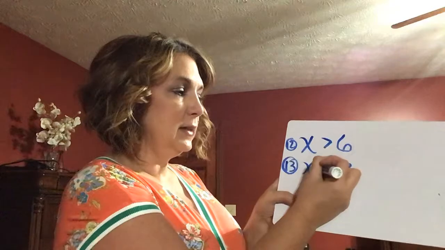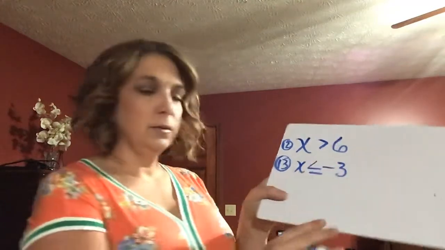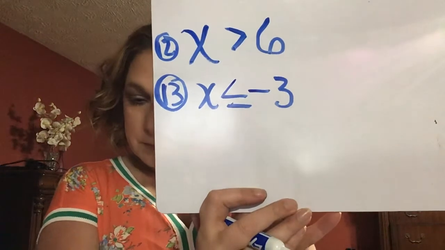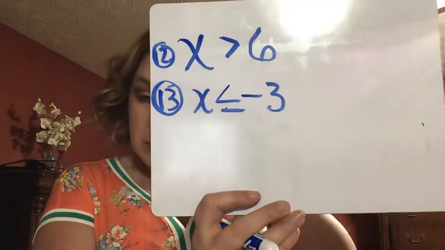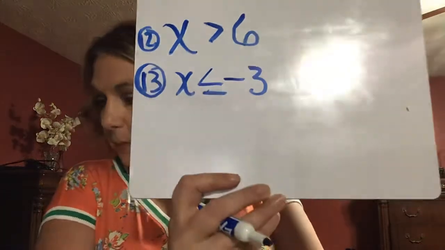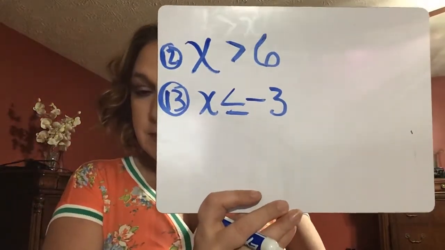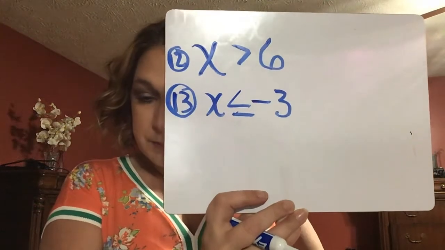So left means less than, and it was a closed circle. Okay, I want you to try 14 and 15 on your own, and then you can put those into our discussion.